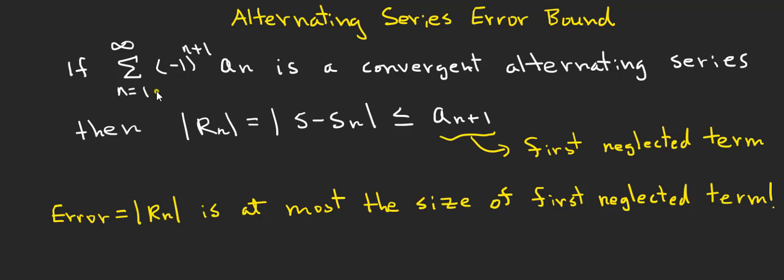So if we have a convergent alternating series, then the error, absolute value of R of n, is less than or equal to A of n plus 1. Now A of n plus 1 is referred to as the first neglected term. So in other words, we could say that the error is at most the size of the first neglected term.